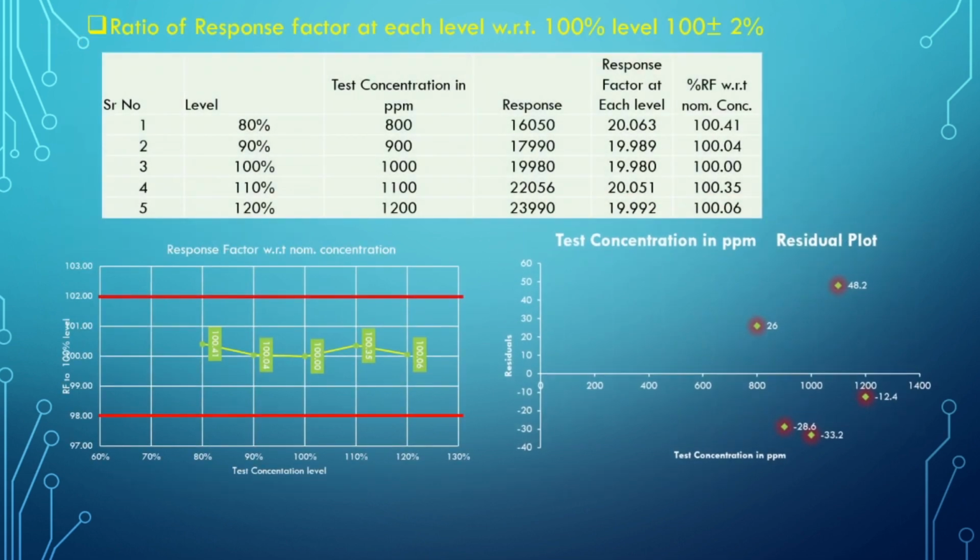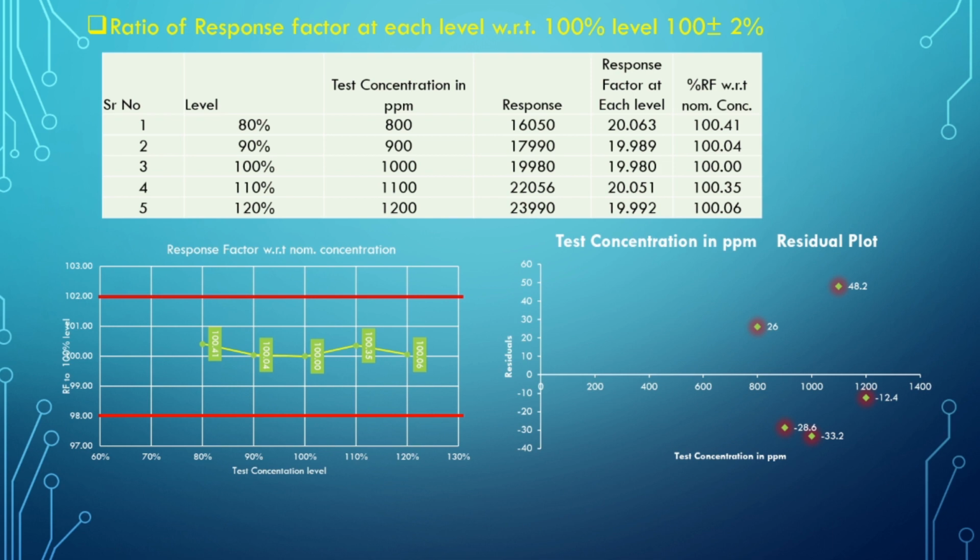Now we are checking the third level. In the third level, we take the relative response factor of each level and compare it against the relative response factor at 100%. In this case, for example, 800 is my concentration and 16050 is my response.